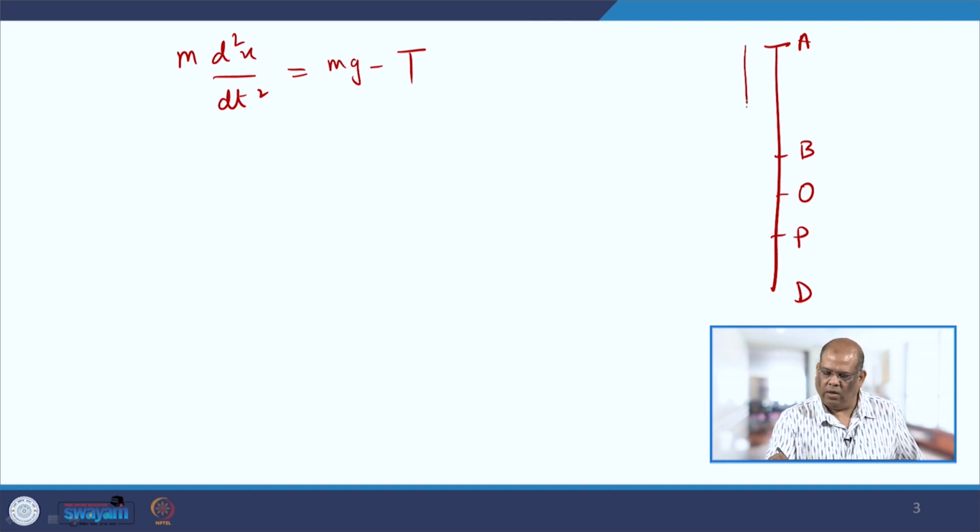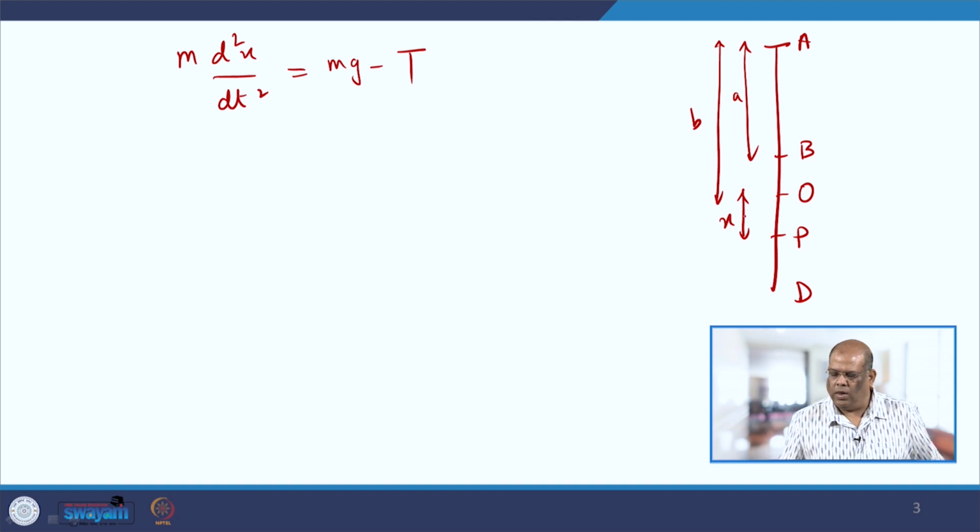This length was the natural length A, this is B, this is your X. The tension which is acting upwards will be the increase in length by the original length.